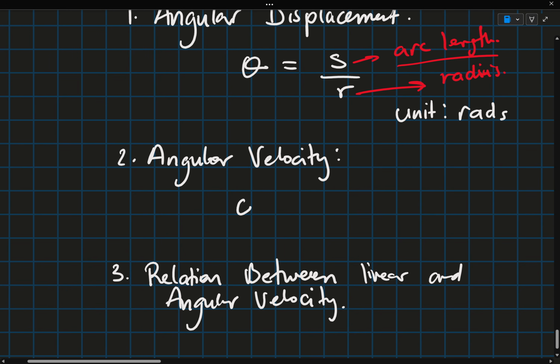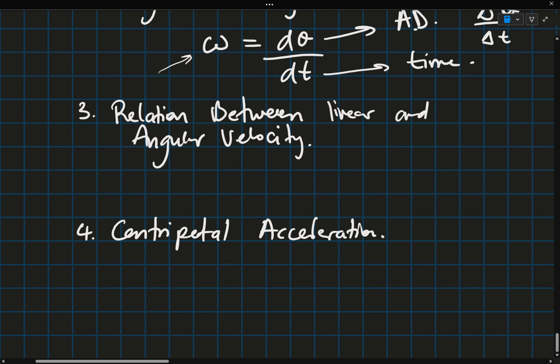Remember that omega is angular velocity, so it's going to be equal to the displacement in radians over time. So this is going to be the angular displacement, theta, over time. Remember, this can be written as delta theta over delta t. The relationship between the linear and angular velocity is just v is equal to r omega.